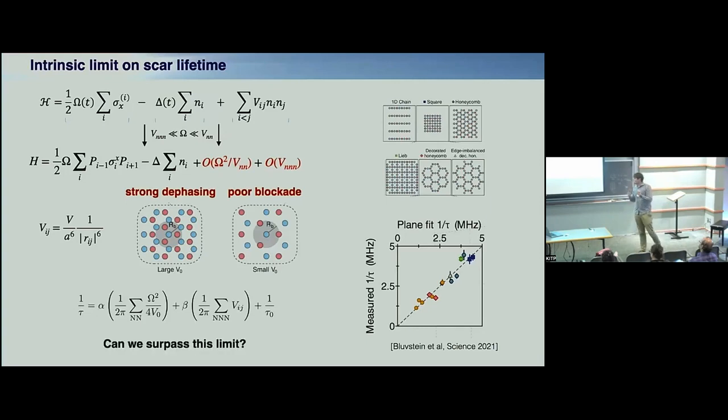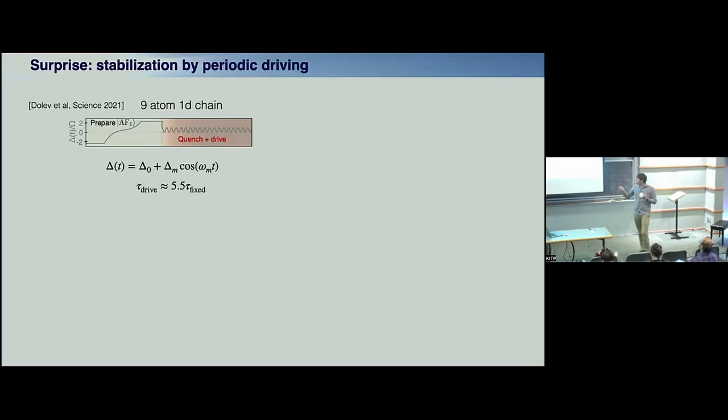But then, it turns out that again, there is no free lunch here, but there is free lunch from driving. And starting driving did some magic. Usually you expect from driving that it's not going to make things better, right? It's not going to make things relax slower, especially if you're driving at approximately the period of your internal system dynamics, right?